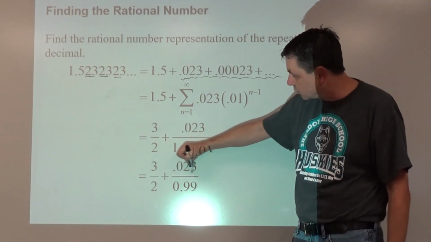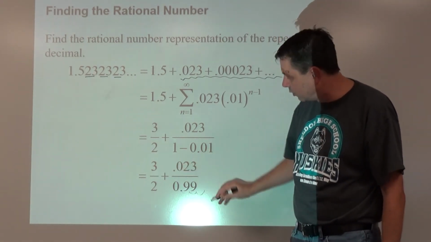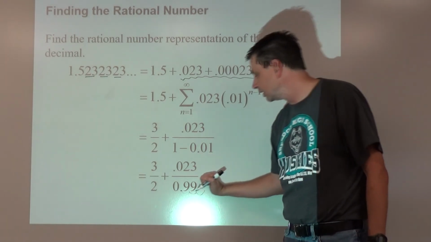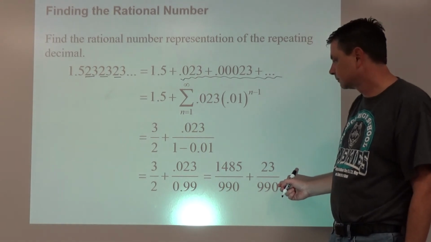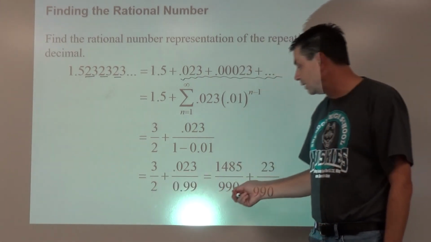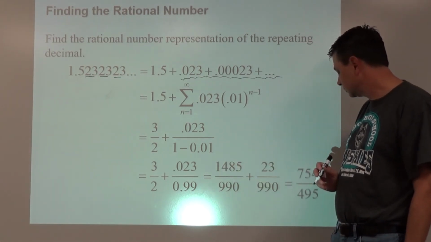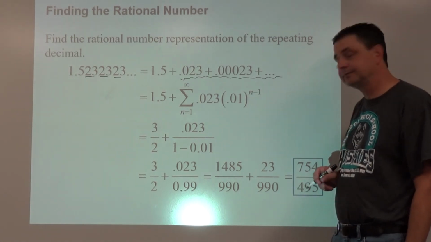So if I slide this one 3 places, I have to slide this one 1, 2, and 1 more, creating a 0 there. So this is 23 over 990. And then if we need a common denominator, we can figure out what we multiply 2 by to get 990. We got that fraction. Add them together, and then reduce it, and we've got our answer.